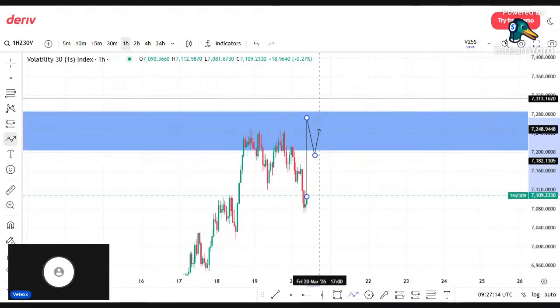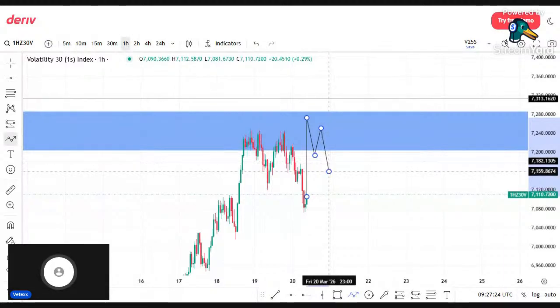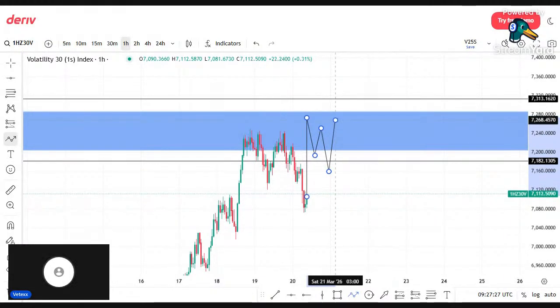Come here, give us a break of structure as a structural liquidity, and then we'll be able to take this trade. So it's going to be something like this.